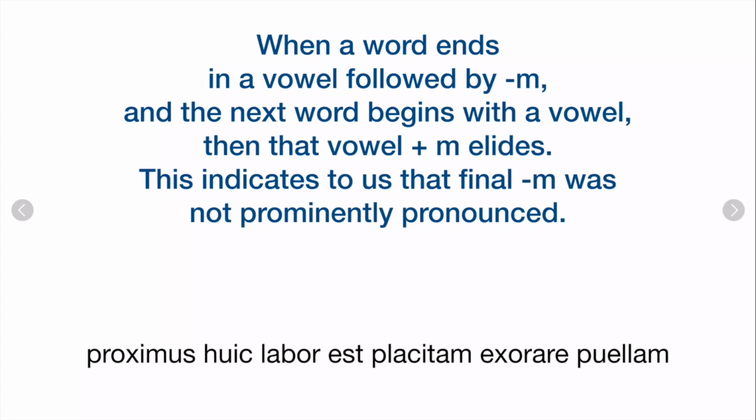Now, when a word ends in a vowel followed by M, and the next word begins with a vowel, then that vowel plus M elides. This is a sign that final M was not prominently pronounced. It's not protecting that first vowel from the second vowel. So let's take a look at an example of that. Prox, remember X is a double consonant.